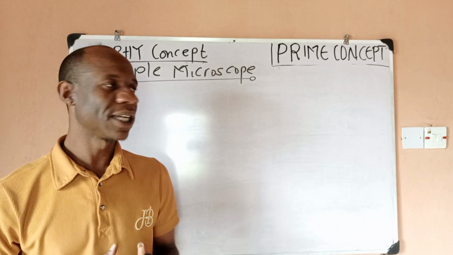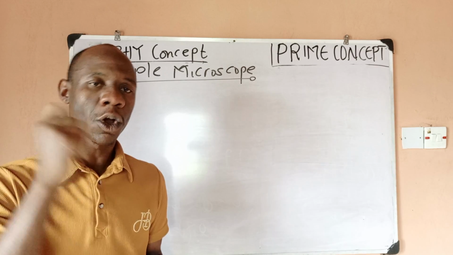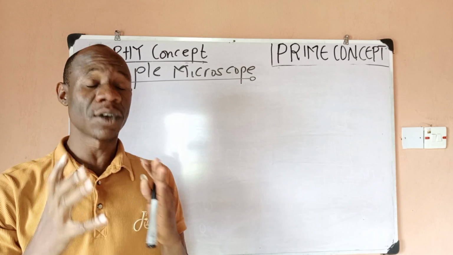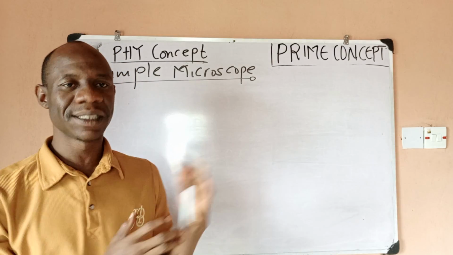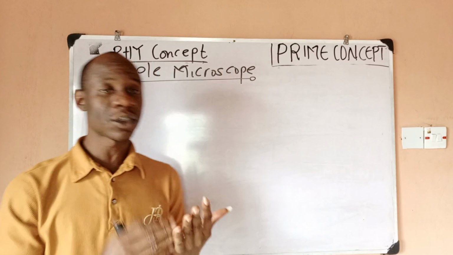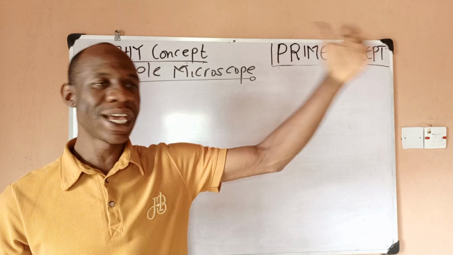Now, a simple microscope is actually your convex lens that works under a certain condition. Remember, when we started the concept of thin lenses, we looked at various positions where you can place your object and then where the images would be formed.